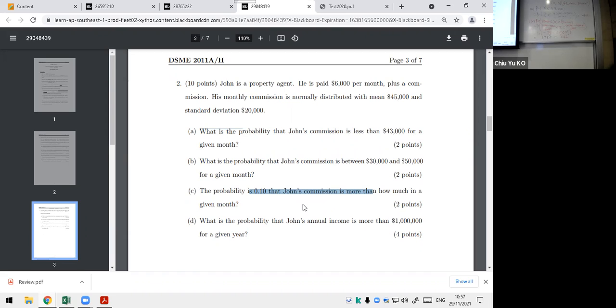Now this guy is x minus 45, is it right? And divided by 20,000. Maybe just being lazy, this is Z. It's just 1.28. You solve for x, then this is the answer.